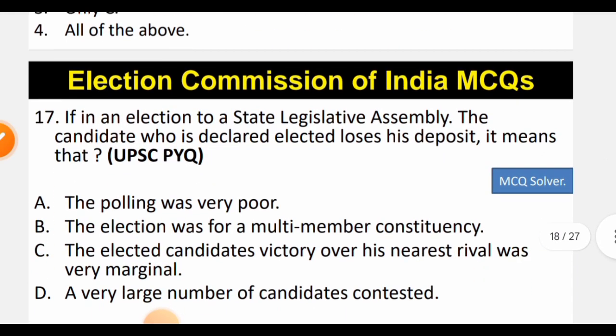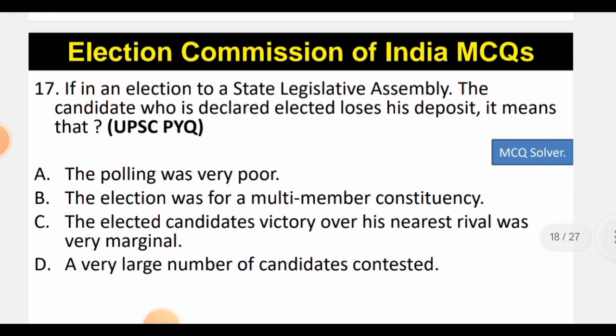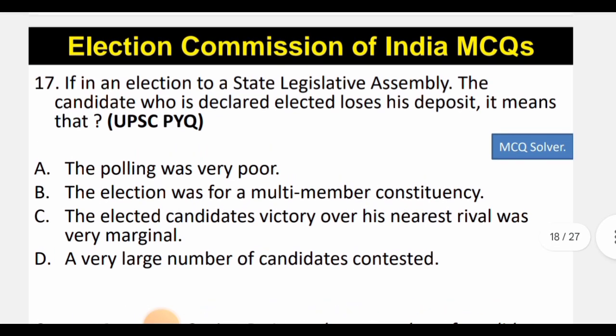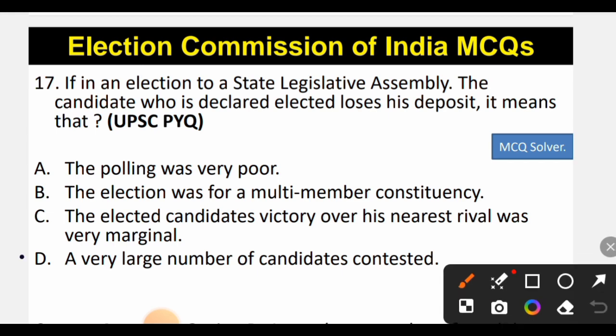Now let's move to question number 17, and this is a UPSC previous year question. If in an election to a state legislative assembly, the candidate who is declared elected loses his deposit, it means that, the correct option will be option D, that is a very large number of candidates contested.